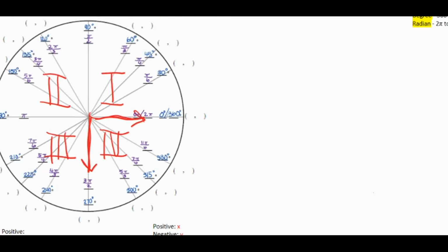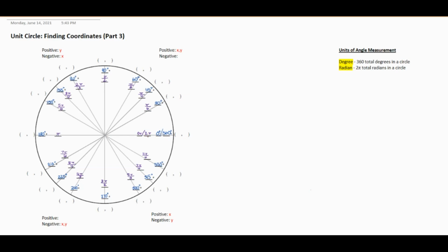Let's start off along the x-axis on the horizontal right here, where we have 0 degrees and 0 radians. In a unit circle, we will always have a length of 1, meaning the x-axis in this case would be 1, and the y-axis would be 0, as we do not move on the y-axis.